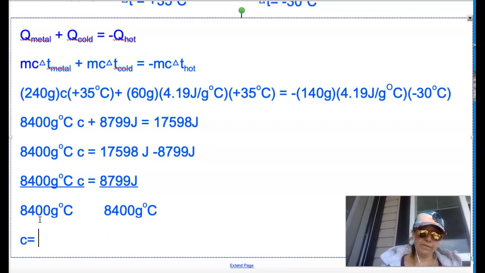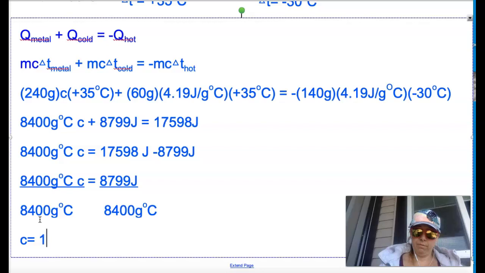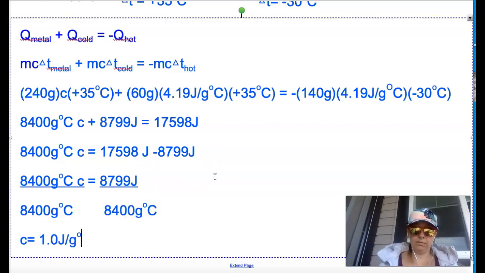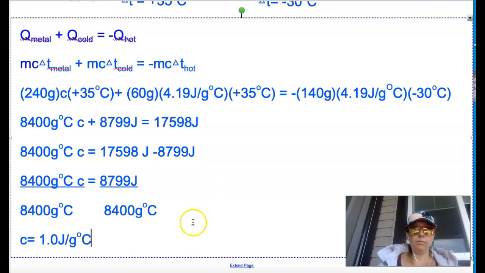So 8799 divided by 8,400 is going to give us 1.0, and I think we can have 2 sig digs looking at everything that we had, and that is going to have units of joules per gram degree C. Okay.